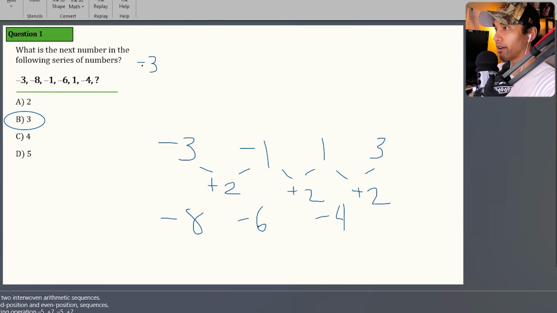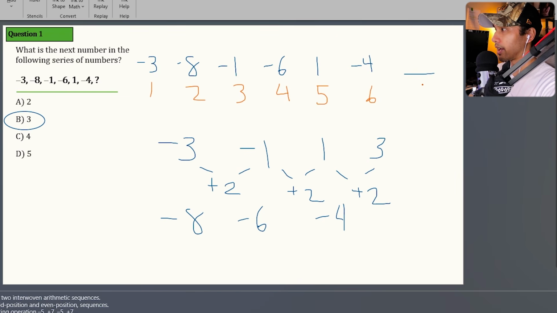Okay, so I have -3, -8, -1, -4, and then the next one, I'm just going to put as a line. And again, I'm going to mark them 1, 2, 3, 4, 5, 6, and then 7. We're trying to find the 7th term, the next number. I'm going to make this orange.